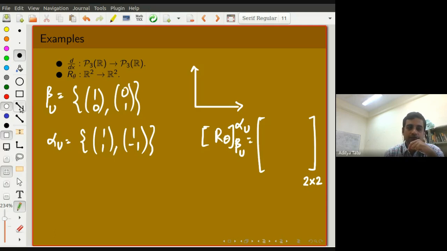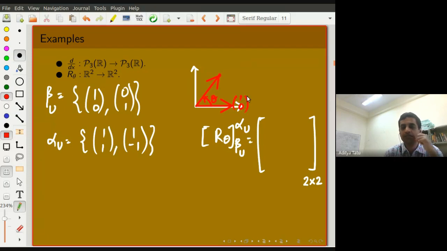Right. So the first task is to take the first basis vector of my domain, which is this 1, 0. Apply this rotation transformation. So maybe let's say this is what you get. So this is 1, 0.